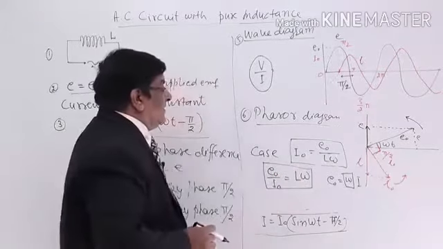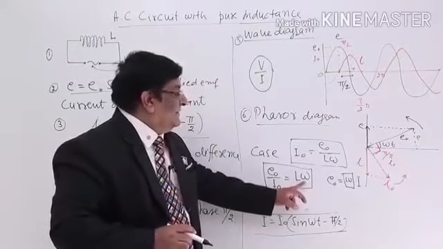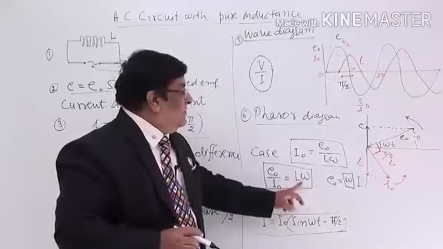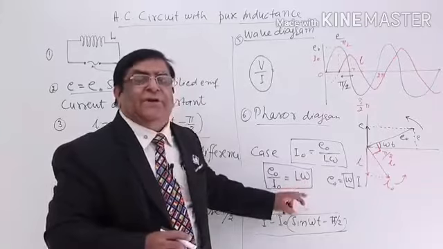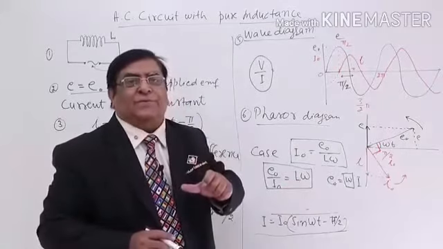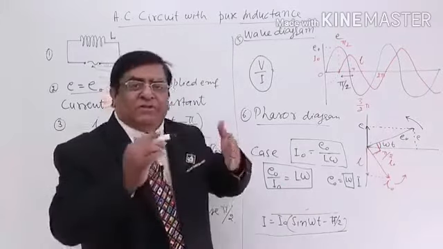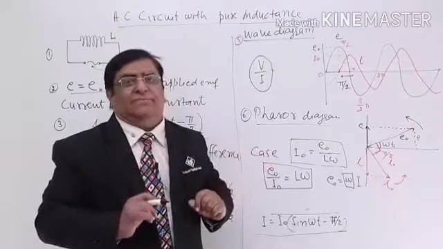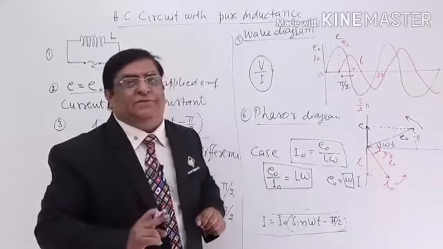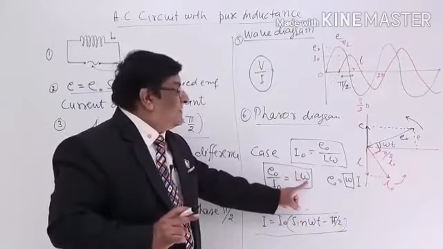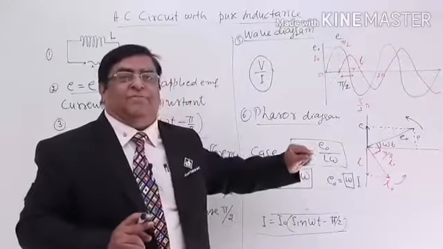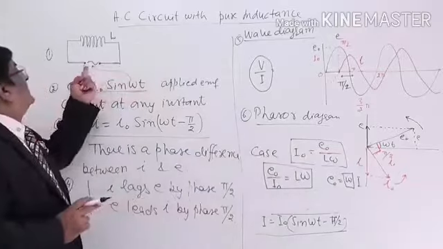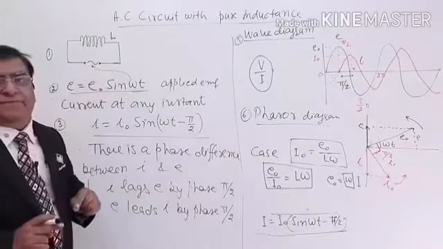You see this opposition to current depends upon two values, L and omega, where L is a constant of the inductor. Once we make the inductor, the L quantity is fixed. But opposition is not fixed, because opposition depends upon omega also, and omega is the frequency of the applied EMF.